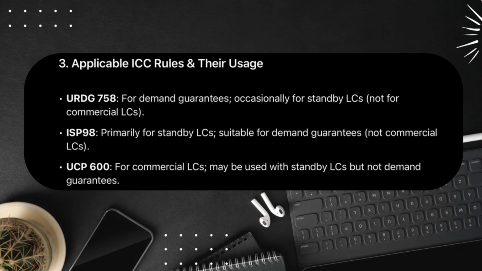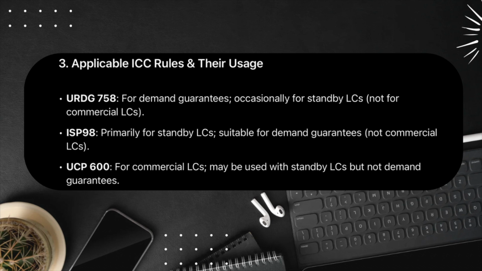When selecting rules, the type of instrument being issued is the main consideration. URDG 758 is ideal for demand guarantees, while it is sometimes used for standby letters of credit, but it is not suitable for commercial documentary letters of credit. ISP 98 is perfect for standby letters of credit.